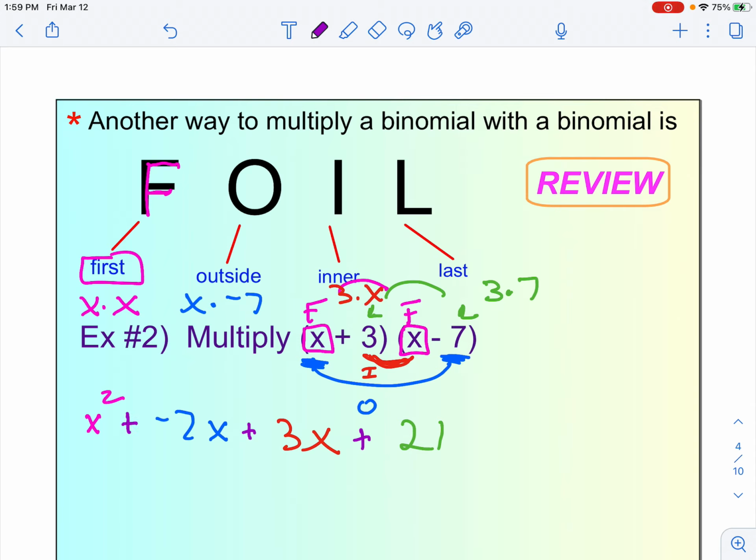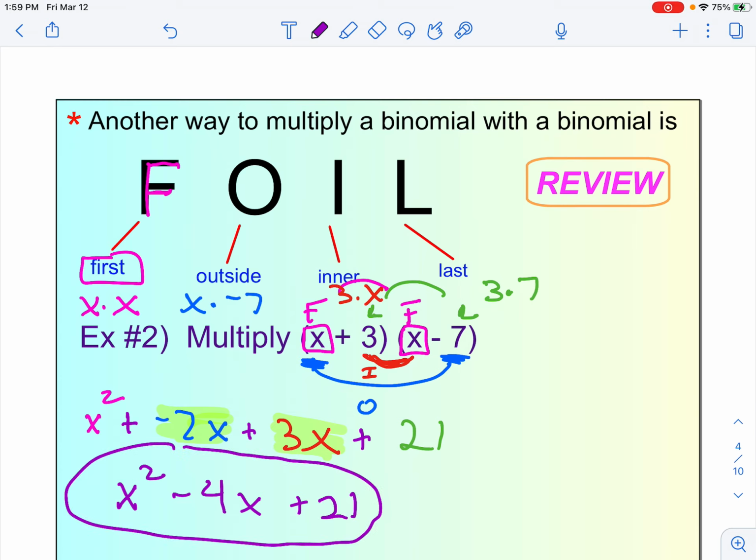We can only combine like terms again: negative 7x and 3x can be added together. So our final answer is x squared, because there are no other x squared terms, then negative 7x plus 3x gives negative 4x, and then plus 21. There's our answer using FOIL.